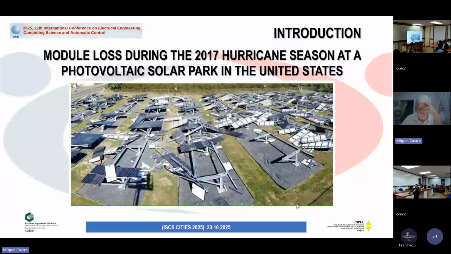Experience has shown, from examples such as the one shown in the slide, that the secure mounting of solar panels is crucial, and a properly designed structure must be used to ensure that the components are firmly attached with resistant elements, either to the roof or the ground, to prevent them from being detached or damaged during the hurricane.